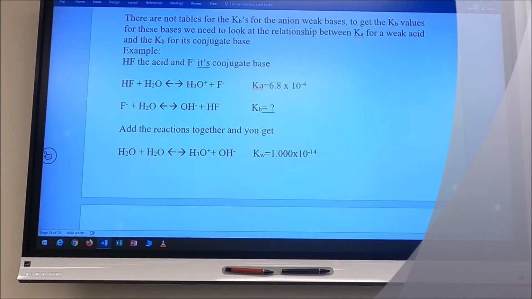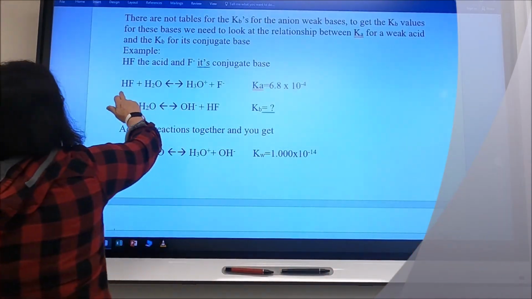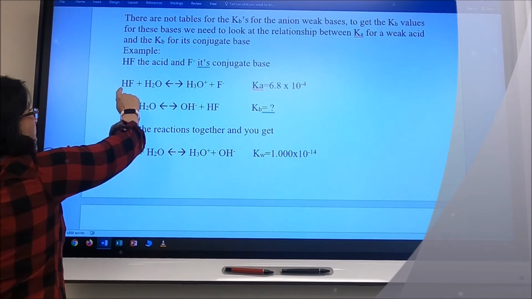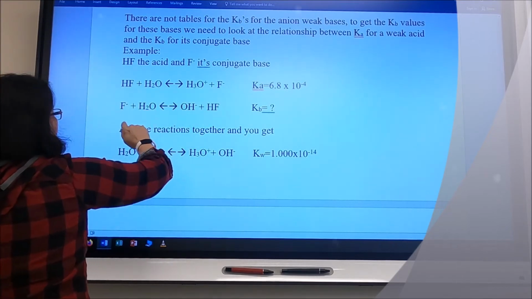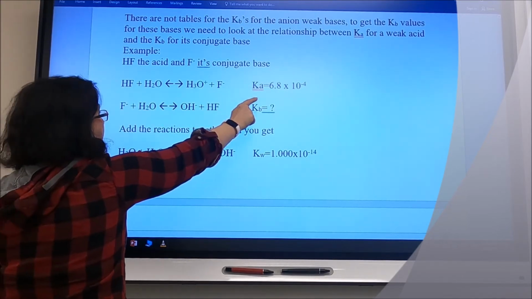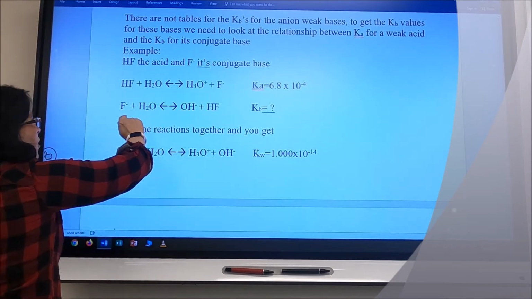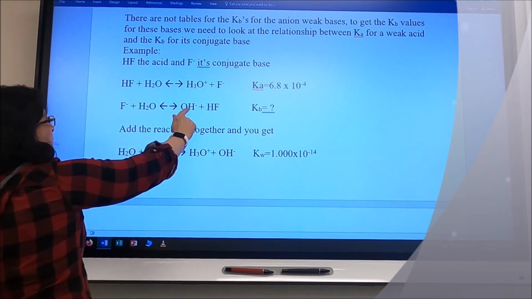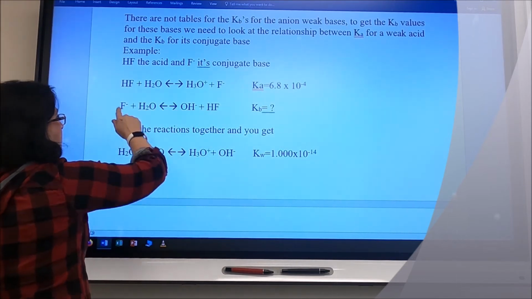So if we look at, for example, HF as a weak acid, the fluoride ion is its conjugate base. Here's a reaction: HF plus water goes to H3O plus and F minus, aqueous, aqueous, aqueous, liquid. The Ka is 6.8 times 10 to the minus 4. Here's the reaction of the conjugate base with water: the fluoride ion plus water going to hydroxide ion and HF.